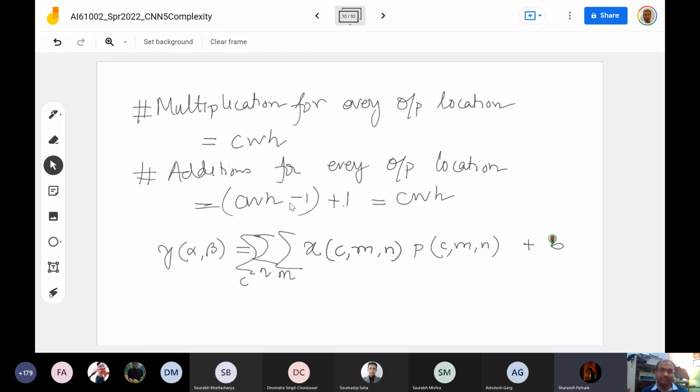So my total number of multiplications is CWH. My total number of additions is also CWH. Yes, I got it.